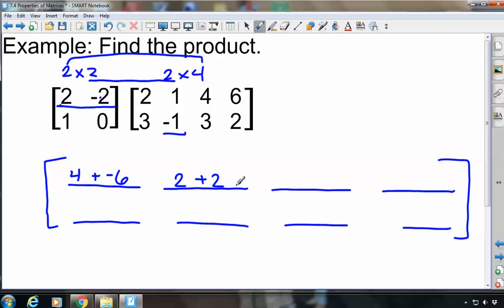Negative 2 times negative 1 is positive 2. Okay, row 1, column 3. So 2 times 4 is 8. Negative 2 times 3 is negative 6. And row 1, column 4, 2 times 6 is 12. Negative 2 times 2 is negative 4.